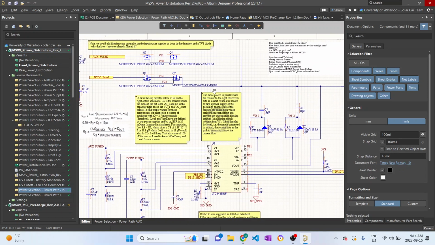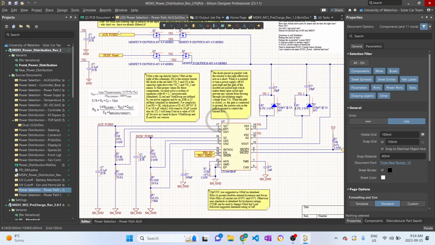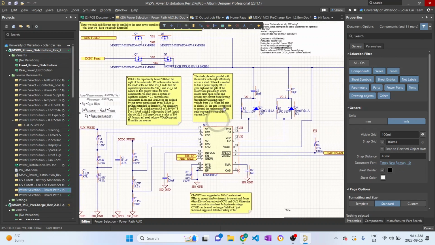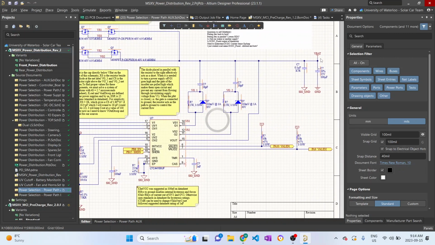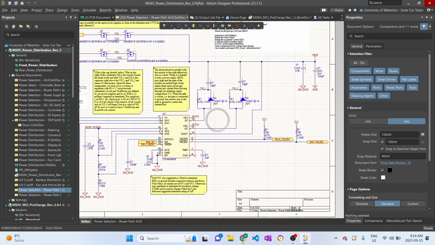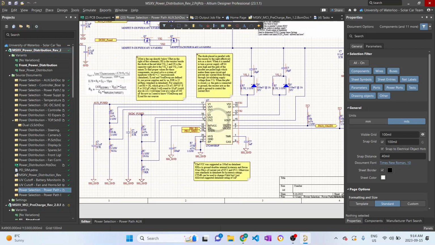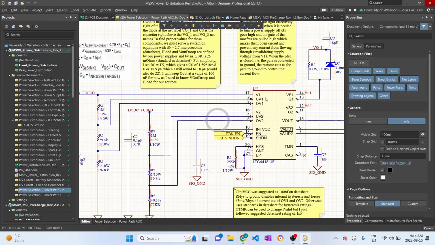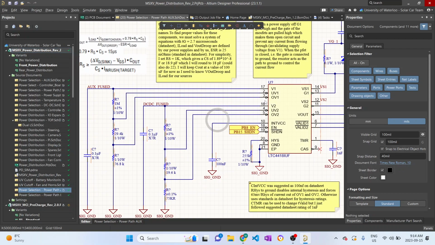So what this power path does is it checks if these voltage supplies are valid and selects from them as V battery for the rest of the components. Now you might be wondering, how does it select if it's valid or not? Well, it does this with under voltage and over voltage checks.